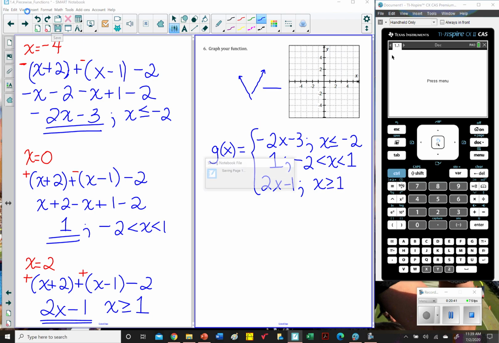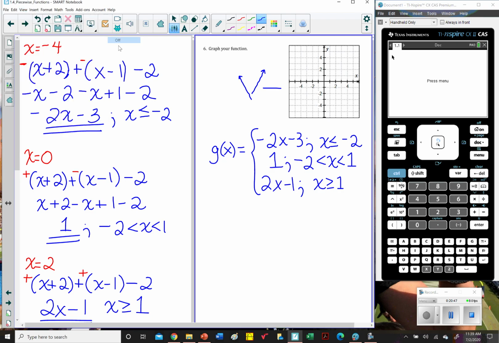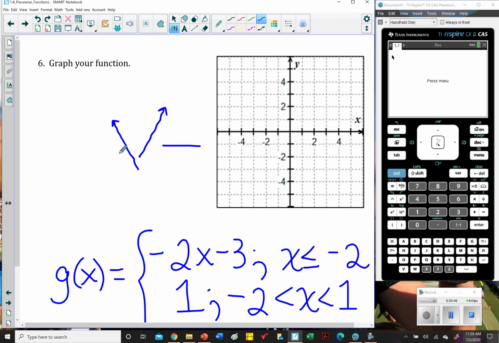Okay, and we want to look at the whole page now. So 2x minus 3 in a negative direction would be, let's see, 2x minus 3 is going to go off that way, but we want that to only work starting at negative 2.